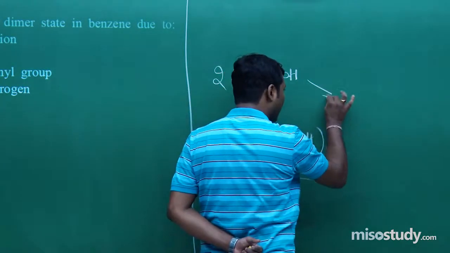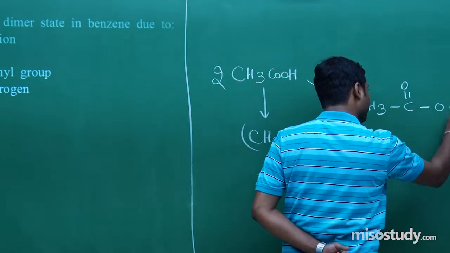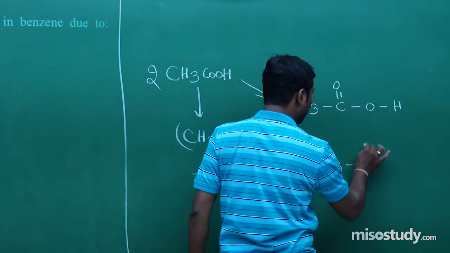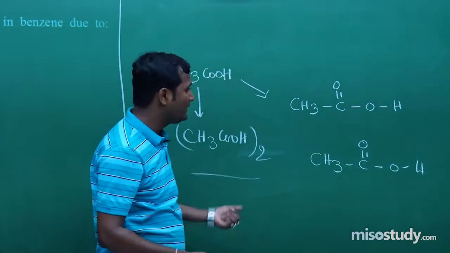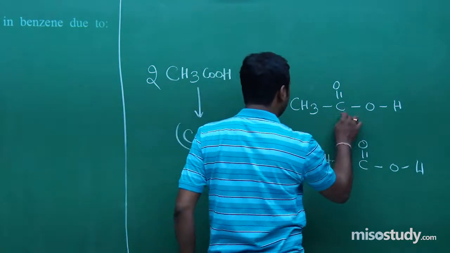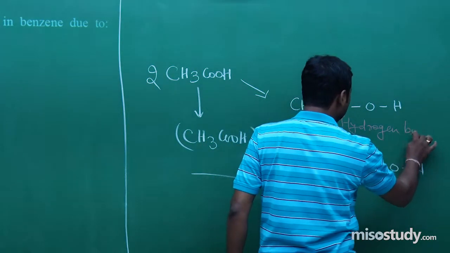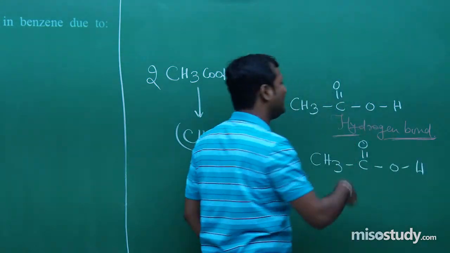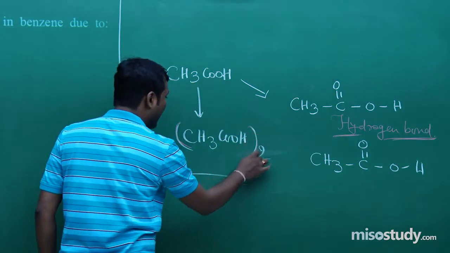As we talk about the structure, that is the structure C double bond OH like this. If I take a second molecule of acetic acid, then look, very easily, there is a maximum tendency to form hydrogen bond. Clear to you? If there is a tendency to form hydrogen bond, then they will associate, they will dimerize and exist in a dimer form.